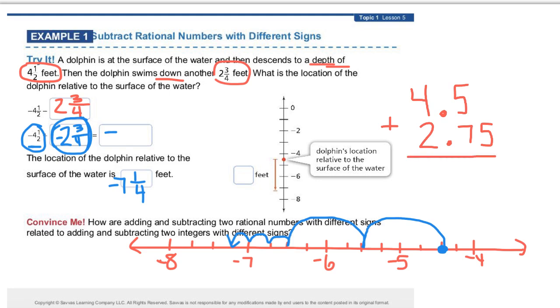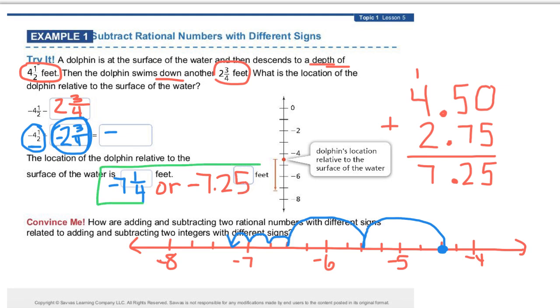I've already kept my sign as negative. I'm just combining my digits. If it bothers you that there's a blank above the 5, fill it in with a 0. 0 plus 5 is 5. 5 plus 7 is 12. Carry the 1. 1 plus 4 plus 2 is 7. So as a decimal, my answer is negative 7 25/100. So I could do it using a number line, or I could do it using a decimal.